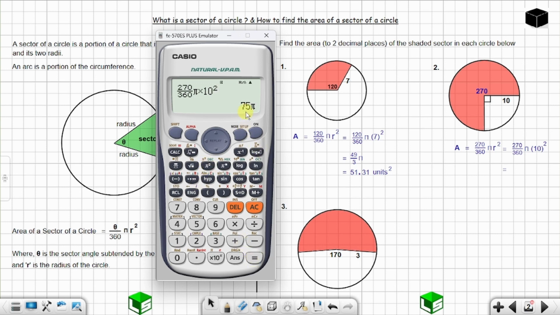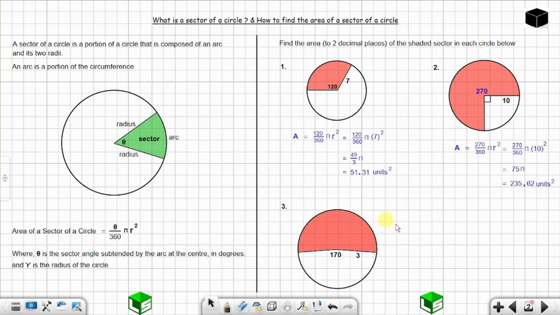This is equal to 75 pi. What is your answer to two decimal places? The answer is 235.62. So this is equal to 235.62 square units.